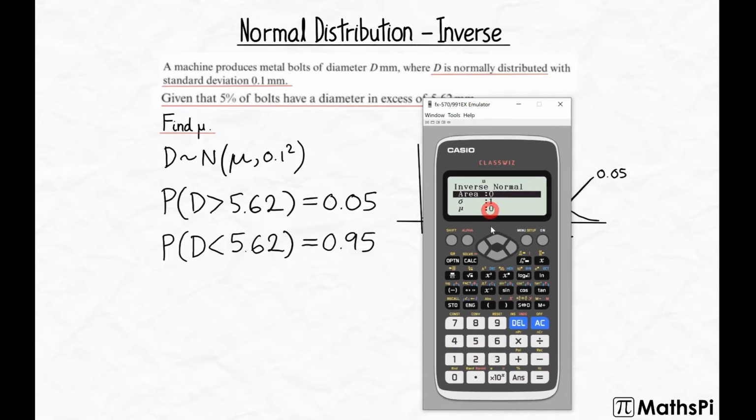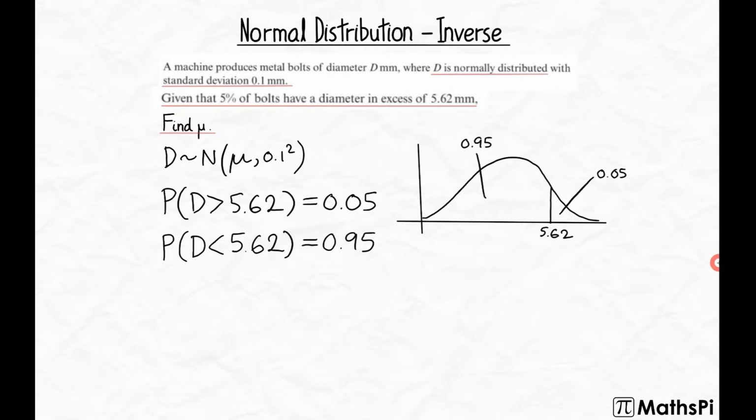Now we've done that, so the area here would be 0.95, and you may think, okay, we've got the standard deviation, it's 0.1, but then here's the problem, we don't have the mean. So what are you supposed to put here? The whole point of this question is to find the mean, so using the inverse function at the moment is not possible. This is where you would have to standardize the probability statement that you have.